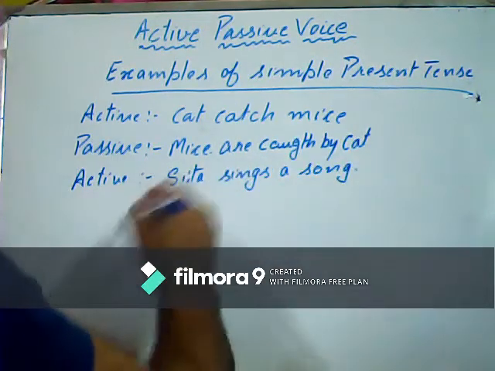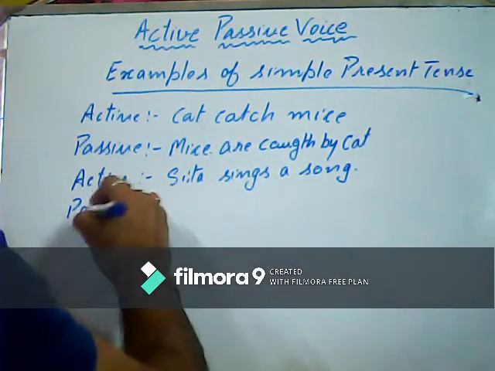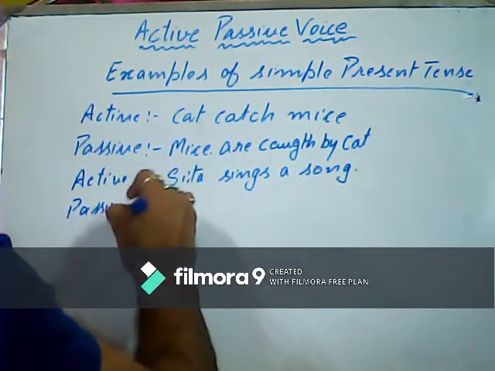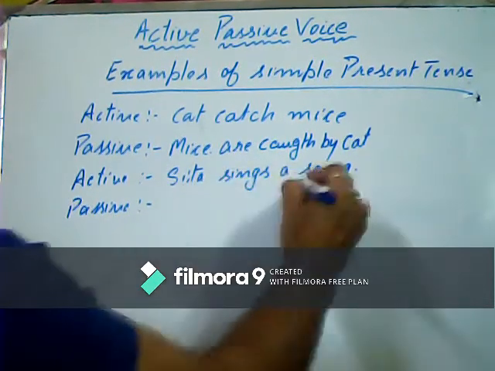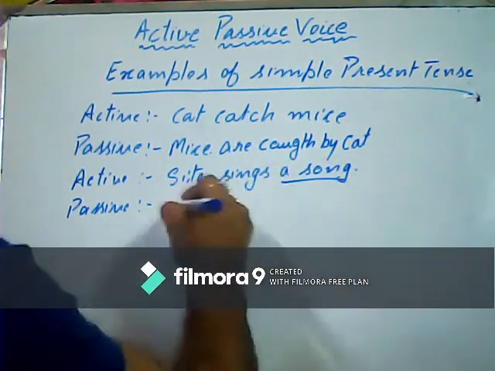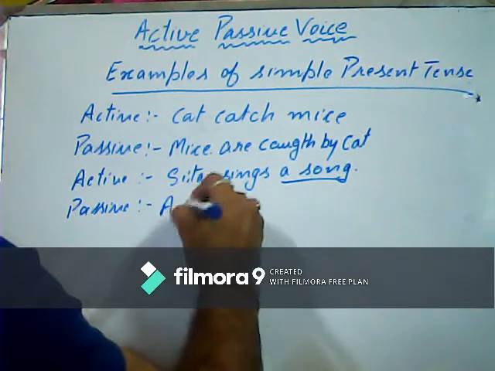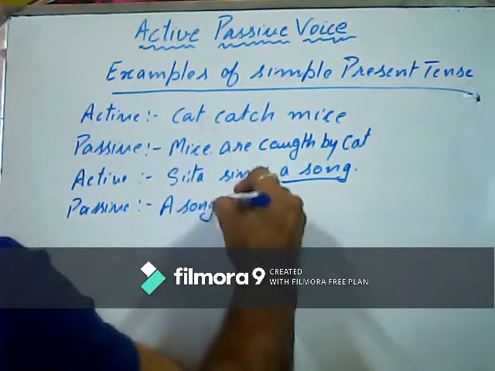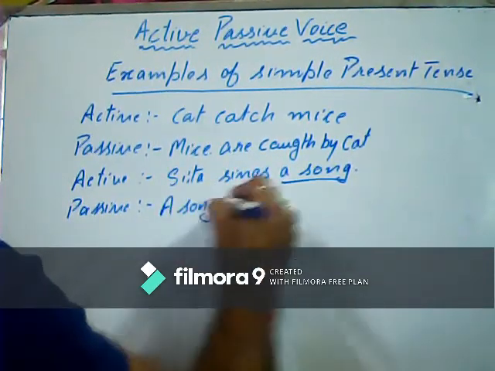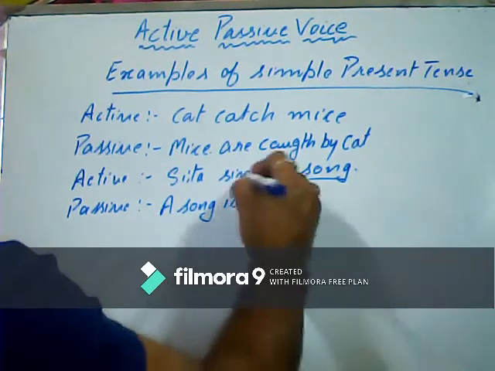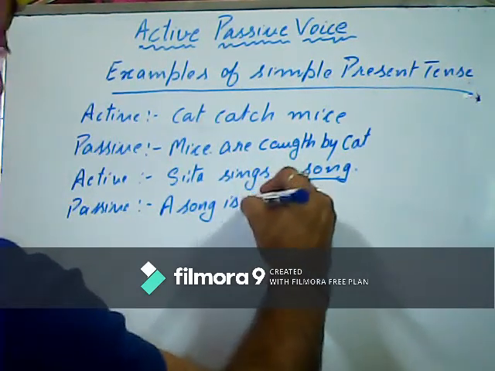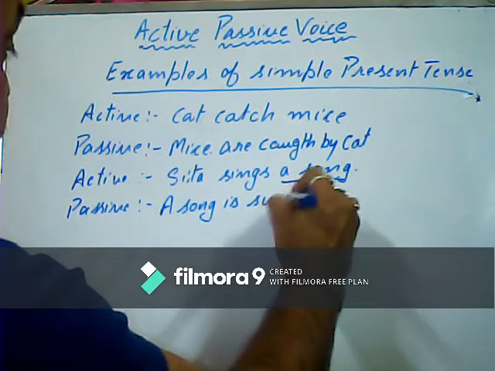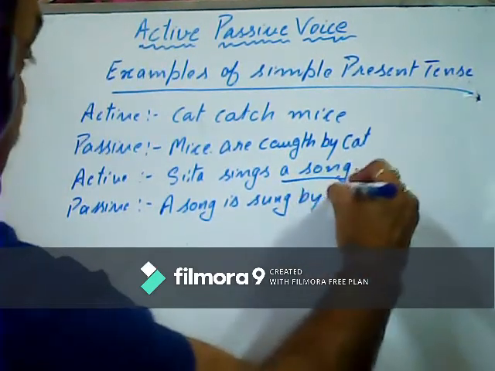Now passive voice will be: this is the object, and it will become the subject. A song, because a song is singular, is, the third form of sing is sung, by Sita.